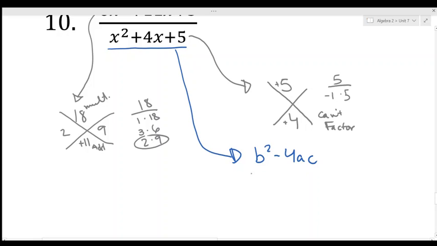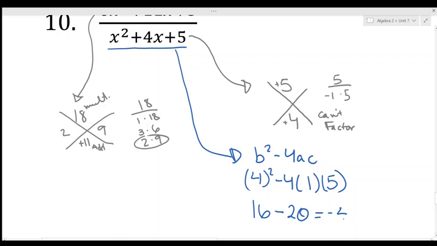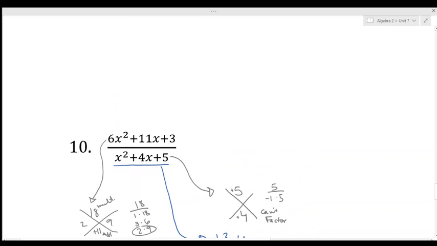So we have b is 4, so we have 4 squared minus 4 times 1 times 5. 4 squared is 16, minus 4 times 1 times 5, which is 20. Well, this gives me a negative 4. So if I have a negative answer for my discriminant, that means we're going to get imaginary solutions. And can we use imaginary numbers in points of discontinuity? No. So that means we're going to have no points of discontinuity at all.